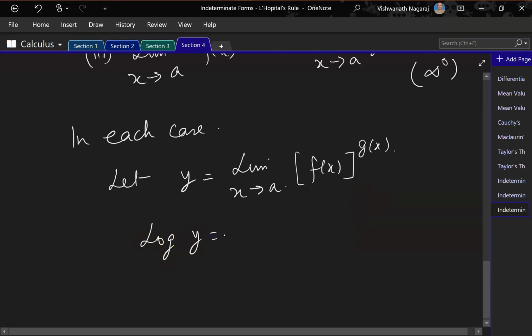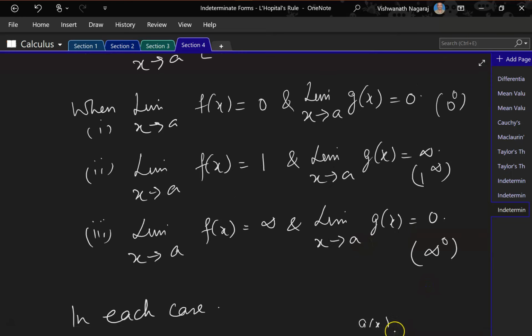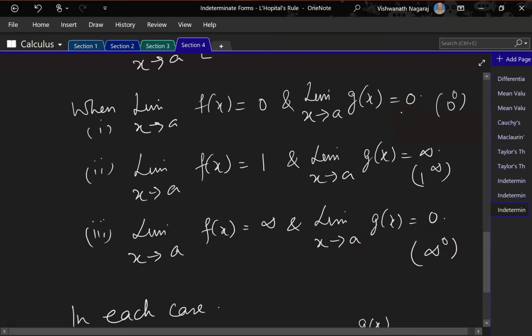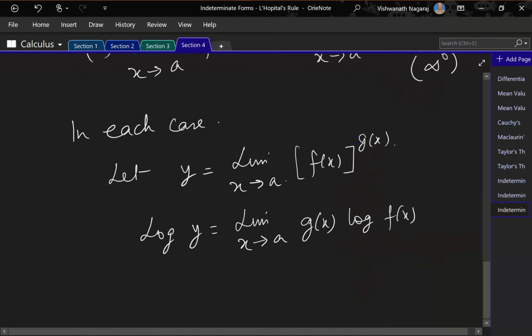So log y is equal to the limit as x approaches a of g of x log f of x. This would be what form? g of x has come down. So g of x is 0 here, g of x is infinity here, g of x is 0 here. So it will be either 0 or infinity.